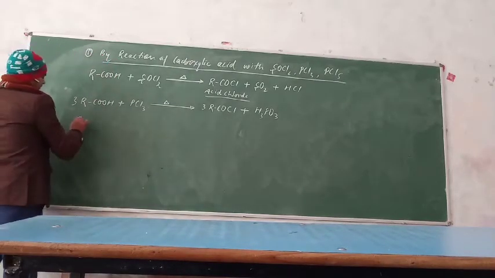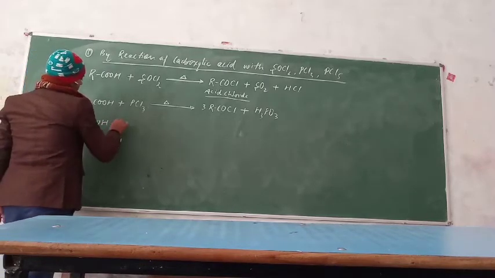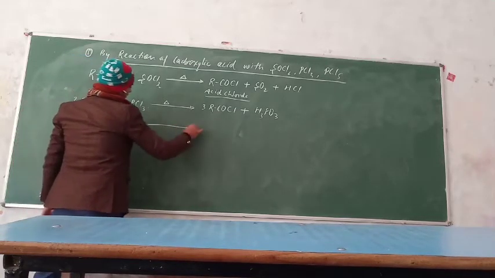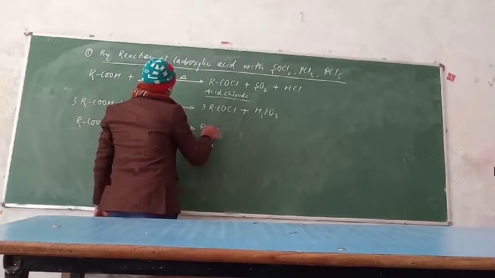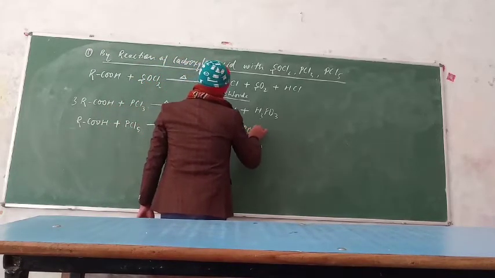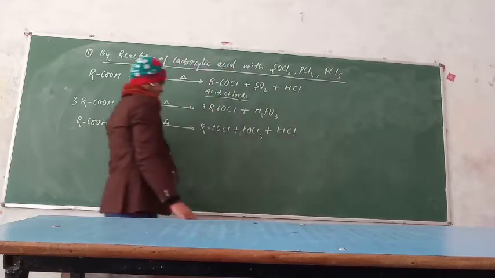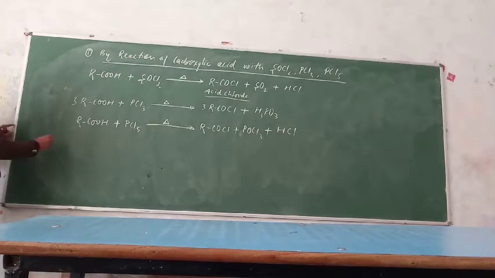When this carboxylic acid is treated with the PCl5, then it will form RCOCl plus POCl3 plus HCl. Clear? So this is the first reaction.